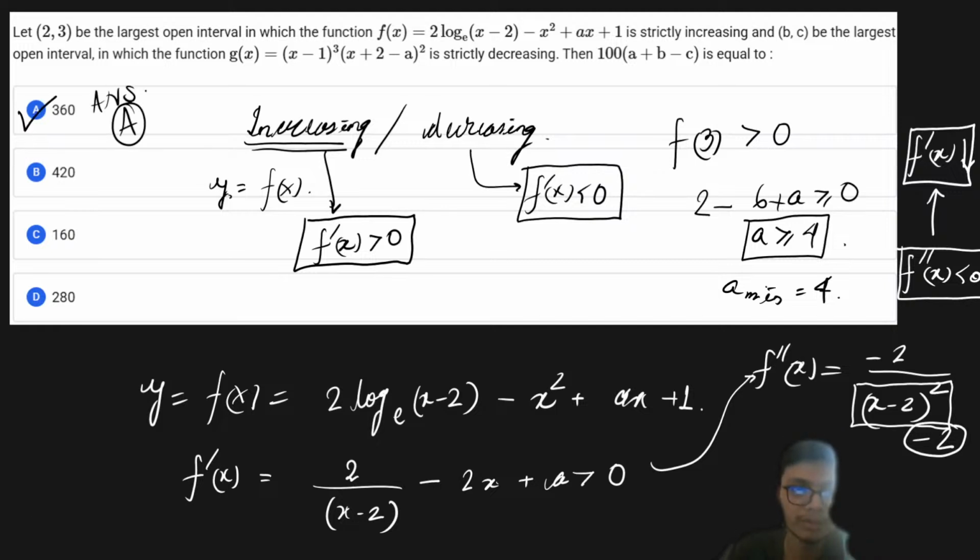I hope you are also getting the same answer. Please let me know if this is clear or not. All right, with this part, I hope you're also getting the same answer.